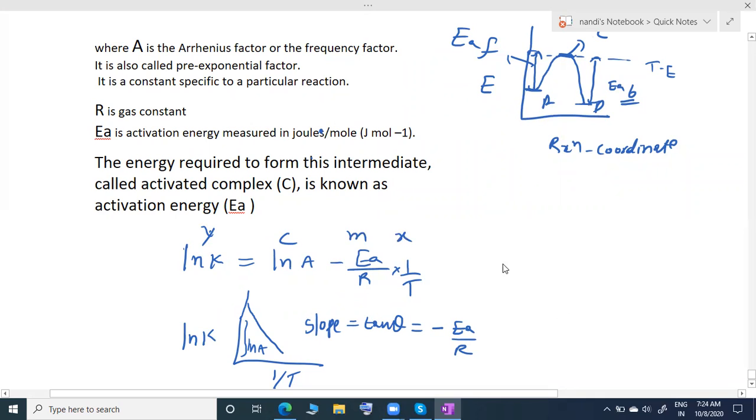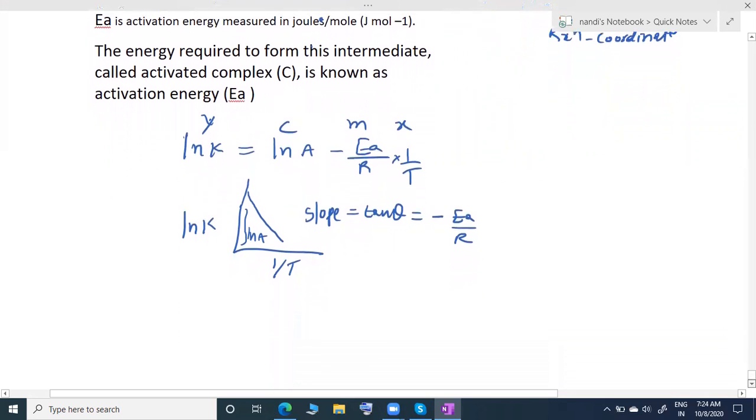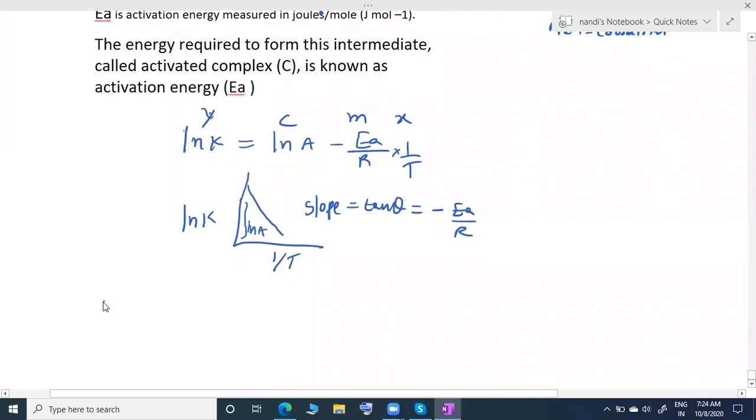If you are taking logarithms in terms of log, this is ln. You can consider log also. If you are taking log base 10, in place of ln you can write ln equal to 2.303 into log base 10. So in place of ln, I can substitute that.